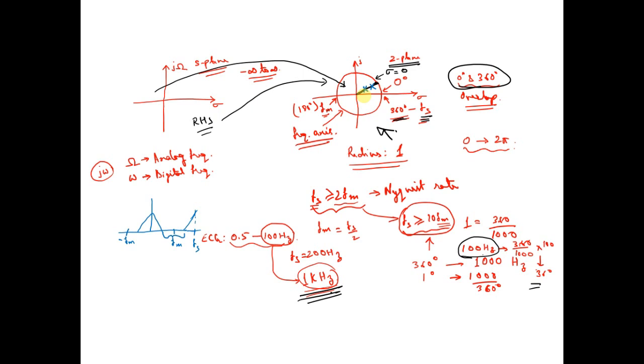There might come some question where you can be asked, what is the effect of radial positioning of the poles and zeros on the amplitude response of the filter? Then you have to explain what happens if you place the pole at a point where the length is 0.9, 0.5 and say 0.4 or 0.3.